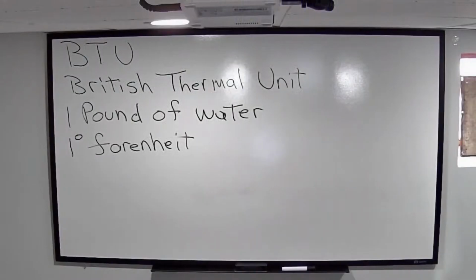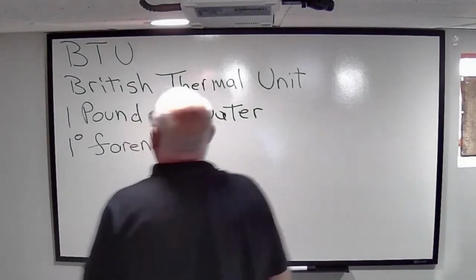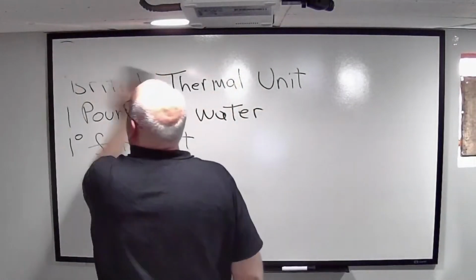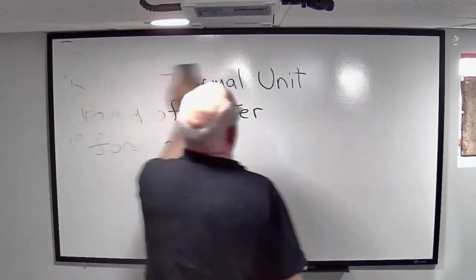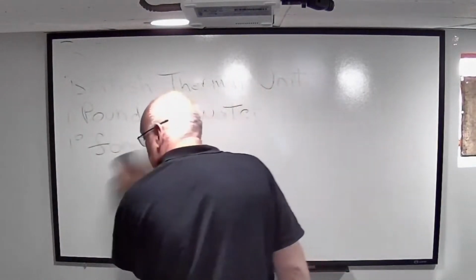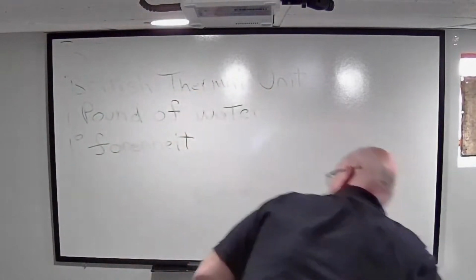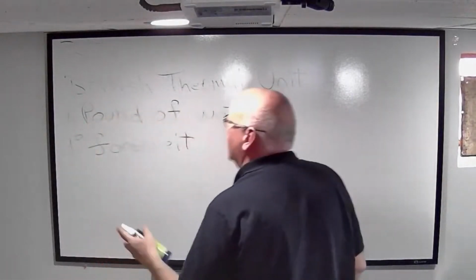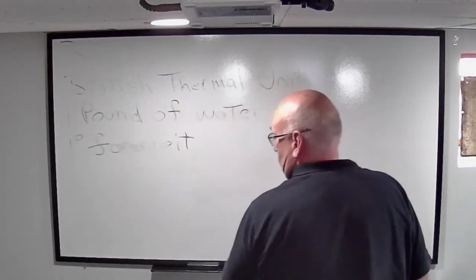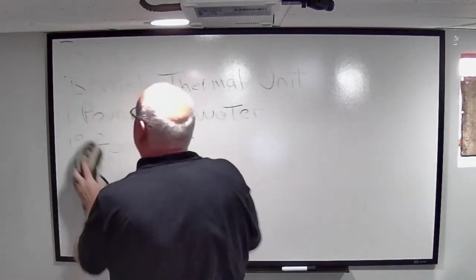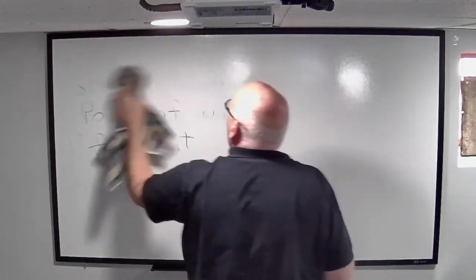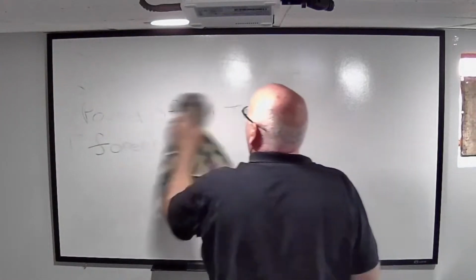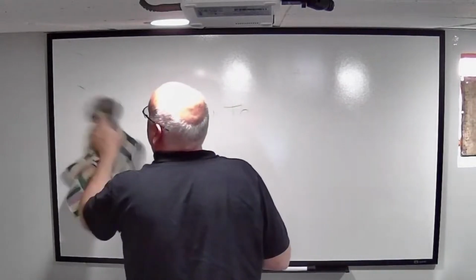And clean up my board again. Let's go ahead and make that cheap little chart when I come to it. I've got to get a better eraser on my whiteboard. All right.